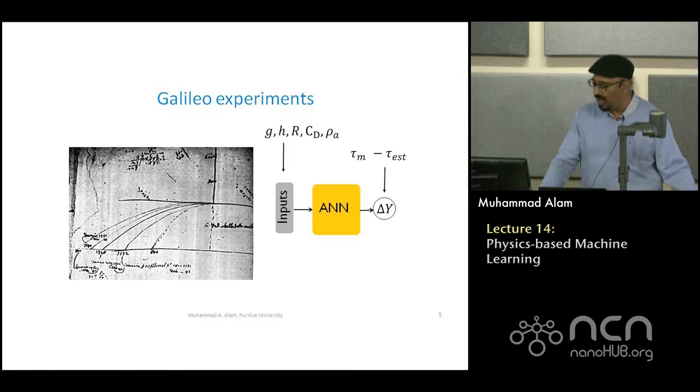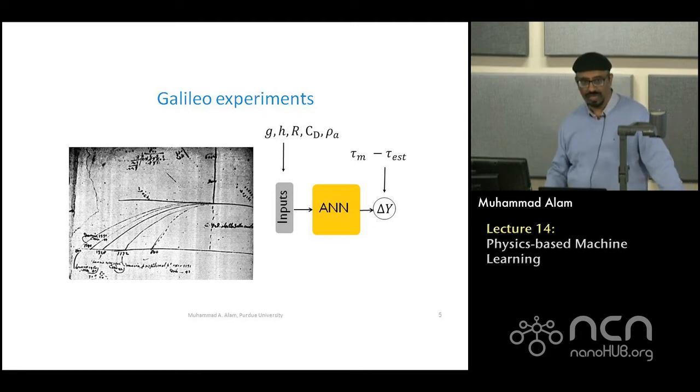He did not know why things are parabolic, but simply by taking the endpoints and fitting them with a parabolic relationship, he could begin to make predictions. So machine learning is in many ways very similar. The inputs here for this problem are of course the gravitational constant, which he did not know. Of course the height, yes, he knew that.